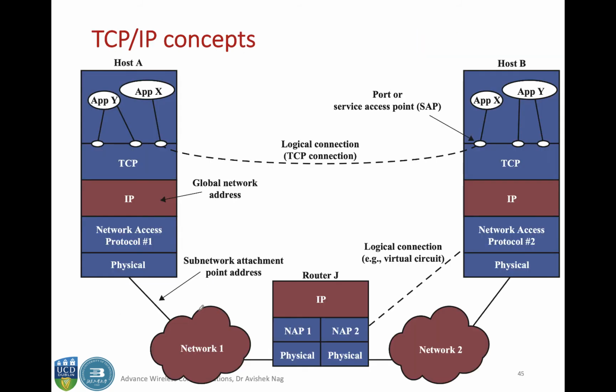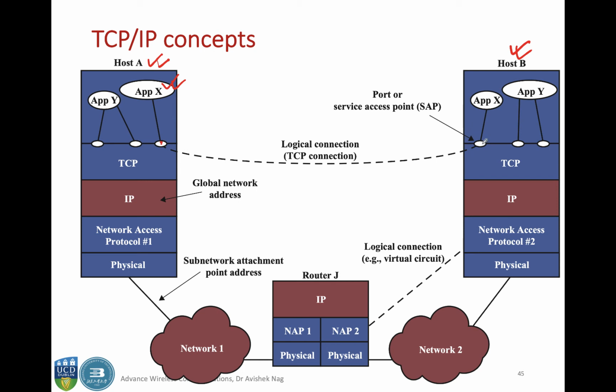So this diagram gives you an overview of the entire TCP/IP concept. Let's say this is the source and this is the destination. These are the two machines, host A and host B. You have several apps running on host A that are connected to the TCP layer through these ports.